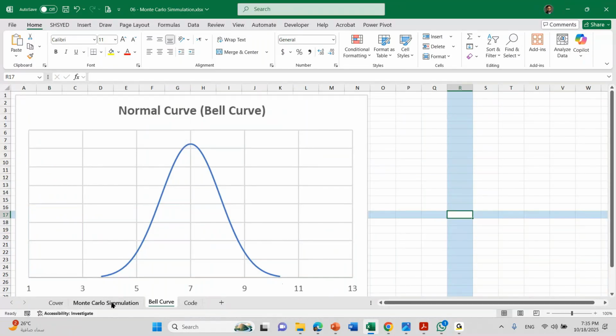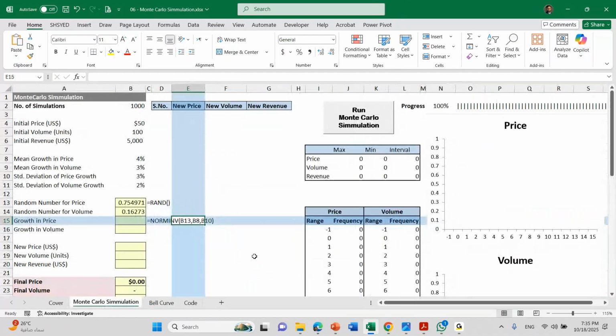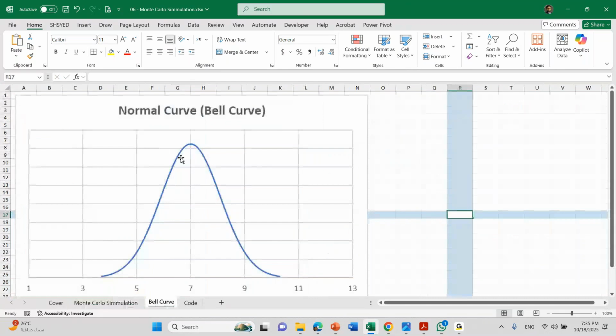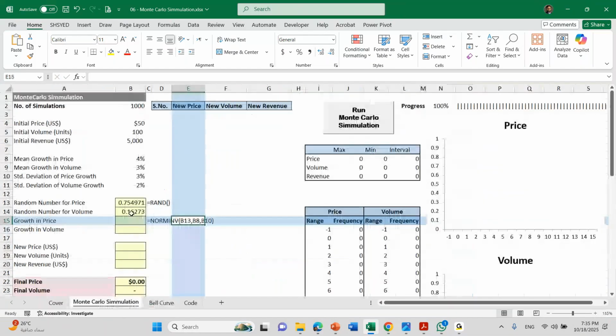But when we don't have all the values available, this bell curve can give you the mean value and the standard deviation also. For the historical values, we have the mean growth in price and the standard deviation of the price growth. These both values are available, and we have a random value for the future.